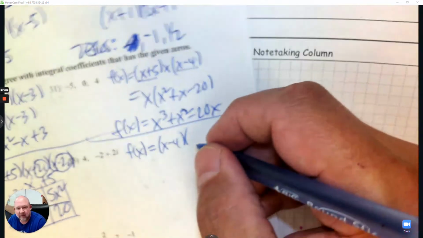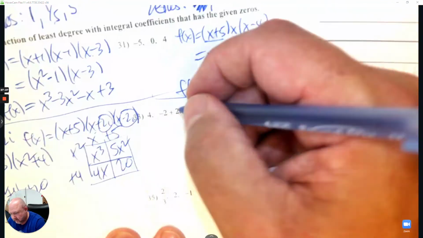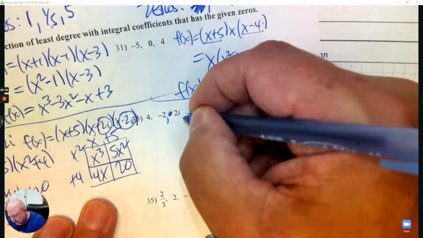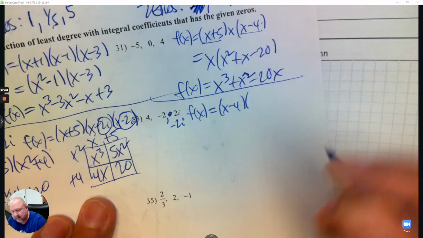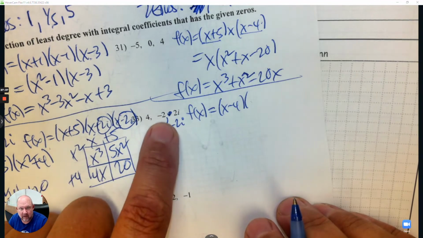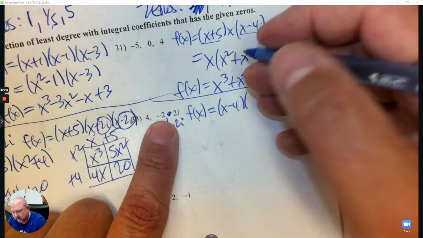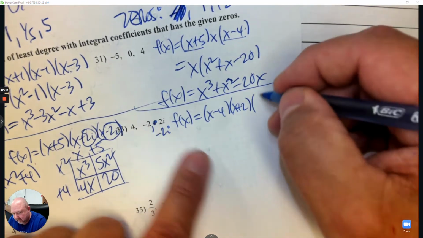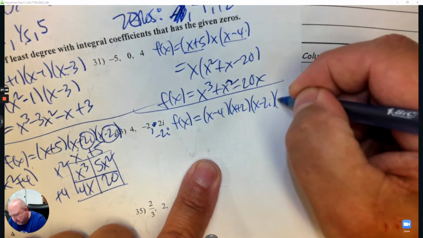I'm going to make this a little bit easier. Okay? So I'm going to make this negative 2, positive 2i, and then negative 2i because it needs that conjugate. That's going to make it easier. I'm going to do that for you instead of having it be a complex number. Okay, so this negative 2 becomes plus 2, and then 2i and minus 2i.